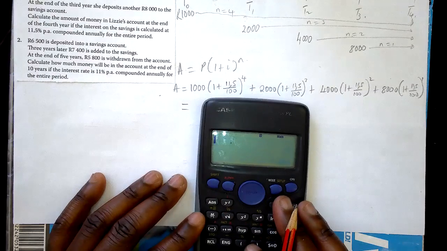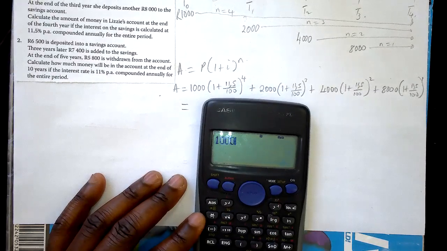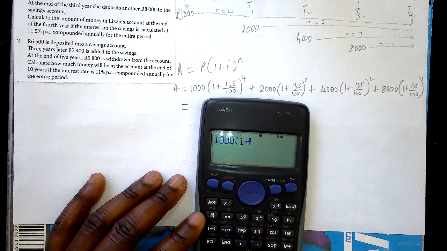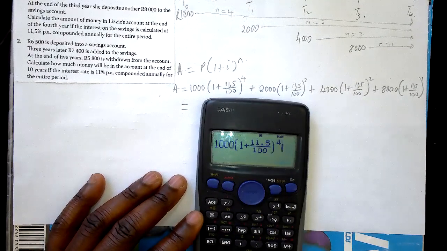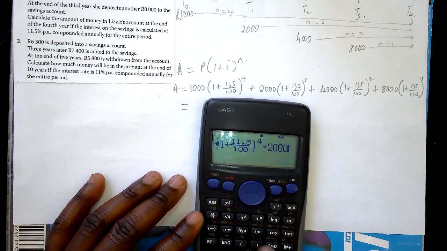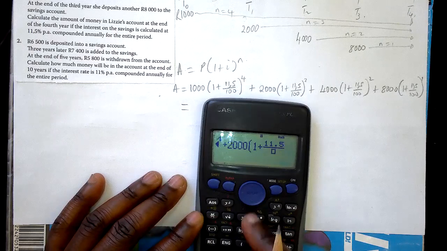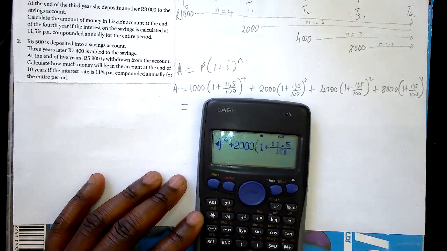So we're going to say 1,000 bracket 1 plus 11,5 over 100 to the power of 4, plus 2,000, 1 plus 11,5 over 100 to the power of 3. Sorry, these are also mistakes that you can make, so make sure you avoid them.